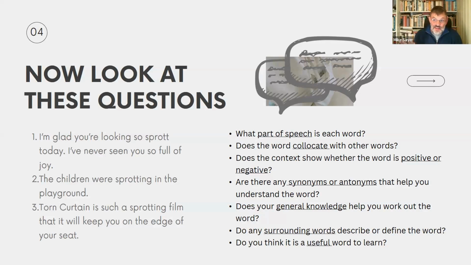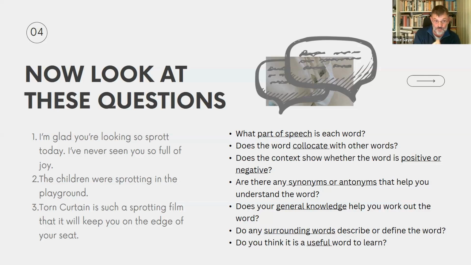My next question is, do surrounding words describe or define the word? And if you look at sentence 1, I think the words around it help quite a lot in defining that word.